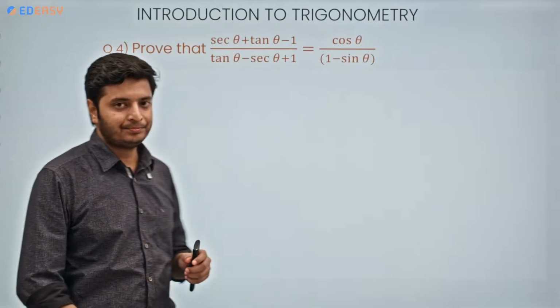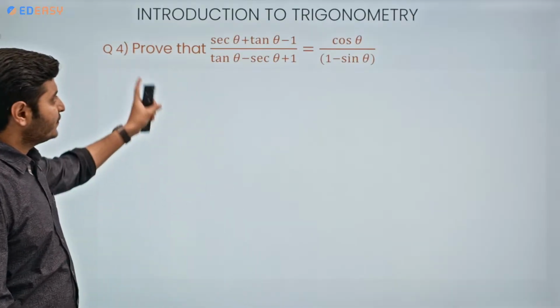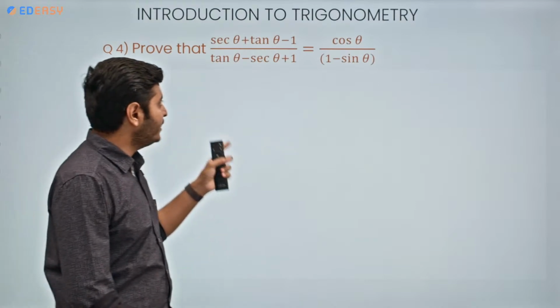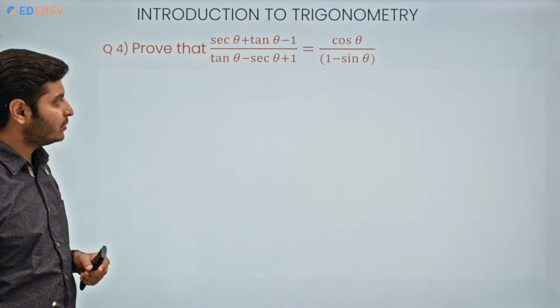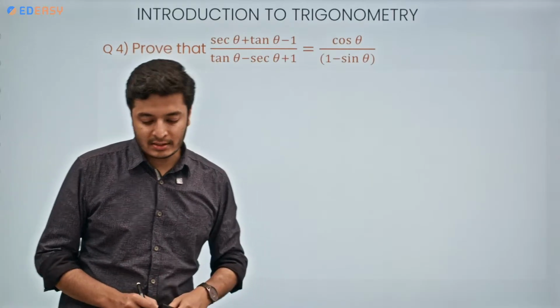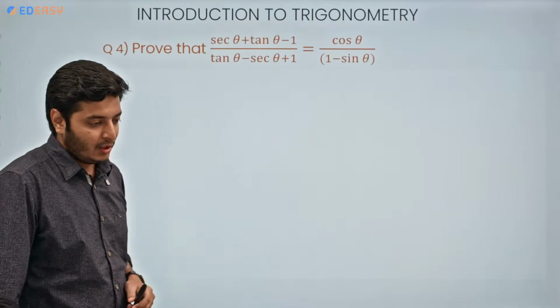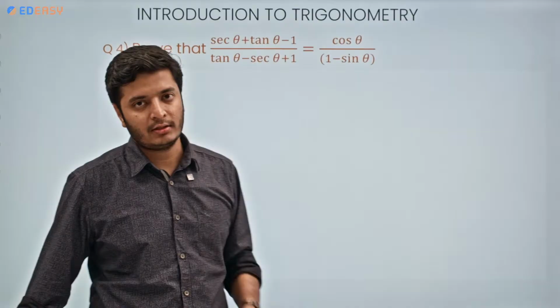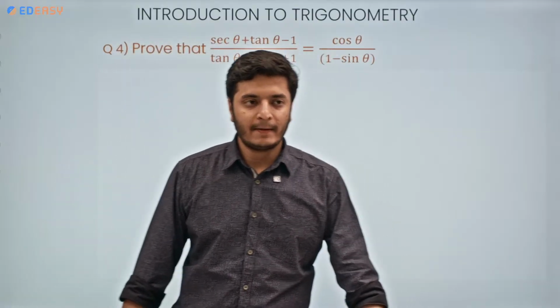Now fourth one, prove that secant theta plus tan theta minus 1 divided by tan theta minus secant theta plus 1 is equal to cos theta by 1 minus sin theta. Now this one is a little different initially. Why?